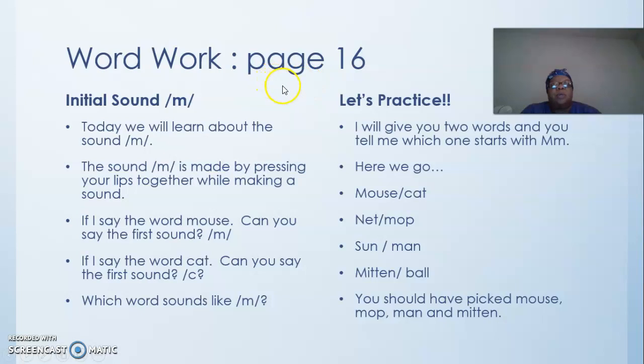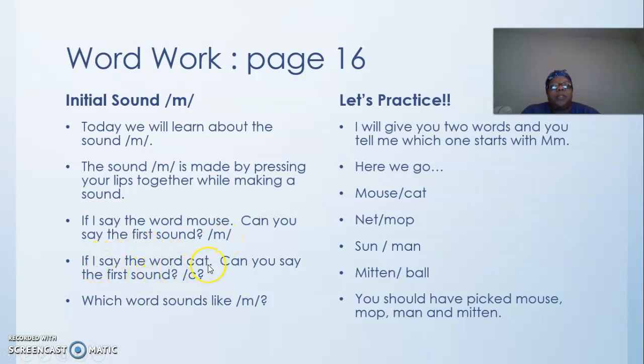Next, we'll do word work, page 16. Initial sound, m. Today we will learn about the m sound. The sound is made by pressing your lips together while making the sound. You try. If I say the word mouse, can you say the first sound in mouse?